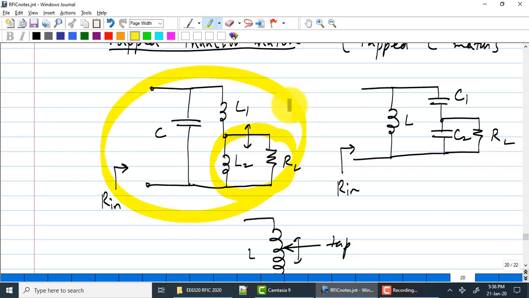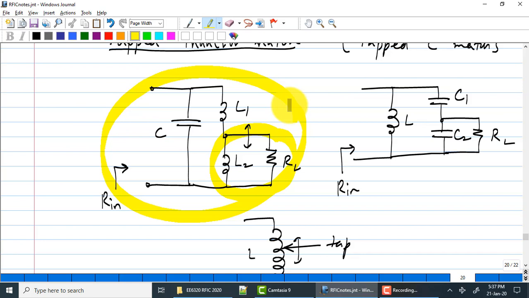It turns out that the impedance will somehow depend on a L1 by L2 factor. I'll probably post that. There's not a lot of value to just deriving it, and it will take probably half a class.